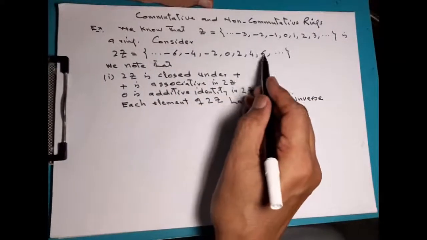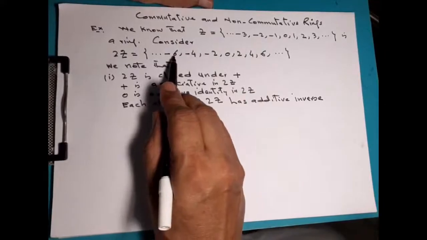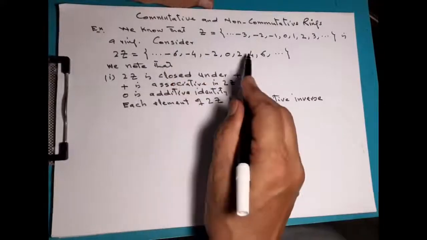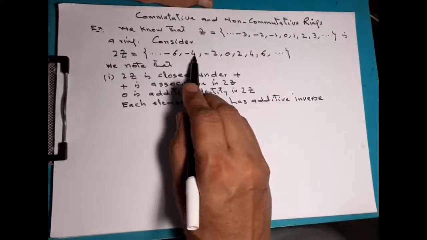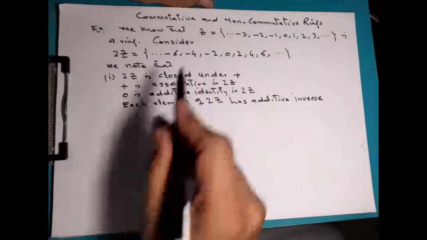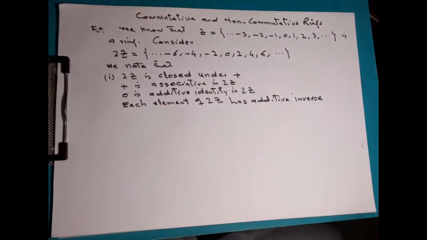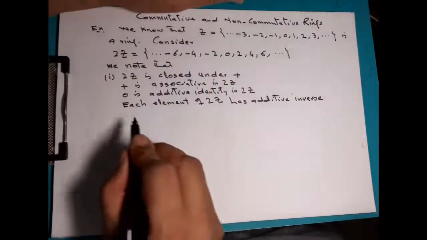For example, 6 and minus 6 are inverses to each other. 4 and minus 4 are inverses to each other. 2 and minus 2 are inverses to each other, and 0 is inverse of 0 with respect to addition. So each element of 2Z has an additive inverse.